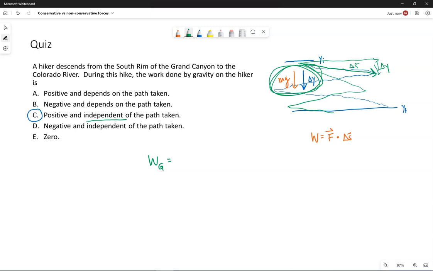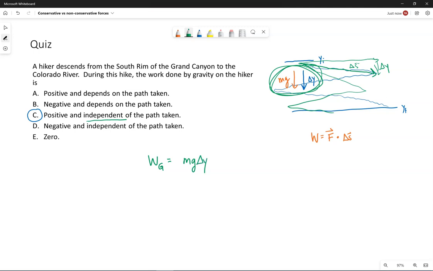It depends only on that vertical motion. Now, granted, the hiker is doing different amounts of work because that depends upon their force, which is along the path. But gravity itself does positive work as a hiker moves downwards.